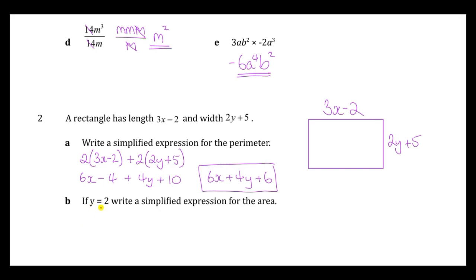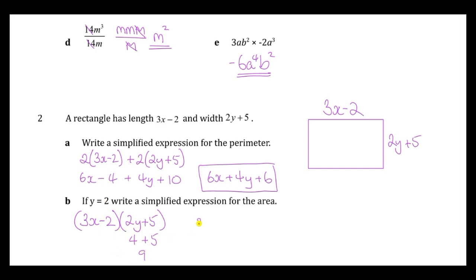If y equals 2, a simplified expression for the area does not use this expression. The area is 3x minus 2 length multiplied by 2y plus 5, which is the length times width. Now y is 2, which means we don't have to multiply all of this bracket out. If y is 2, I've got 2 times 2, which is 4, plus 5, that's 9.